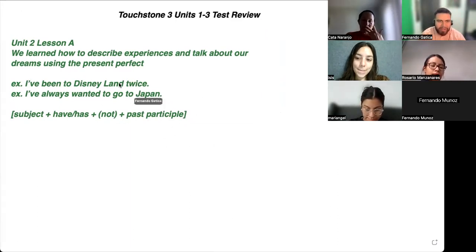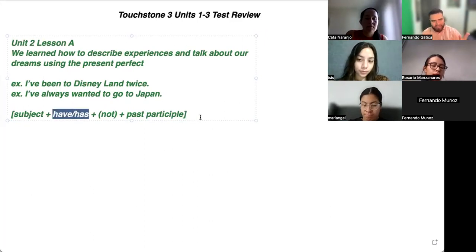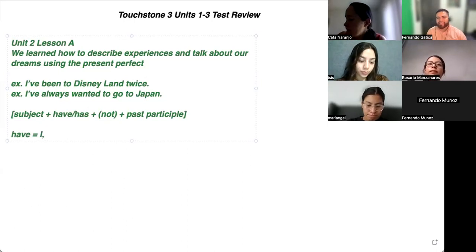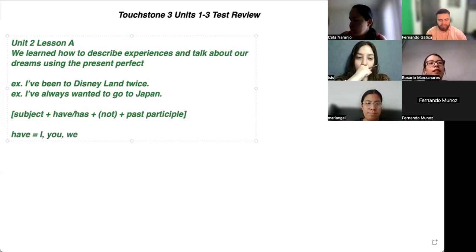But let's talk about this. You use 2 auxiliary verbs with the present perfect, right? 2 auxiliary verbs. Have goes with I. And what else? You, we, and they.